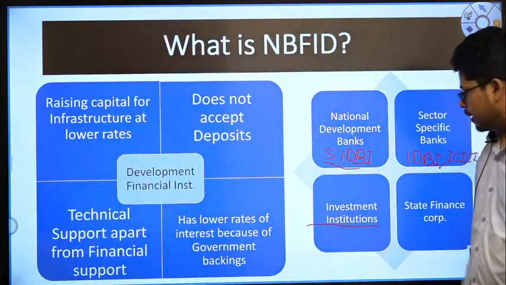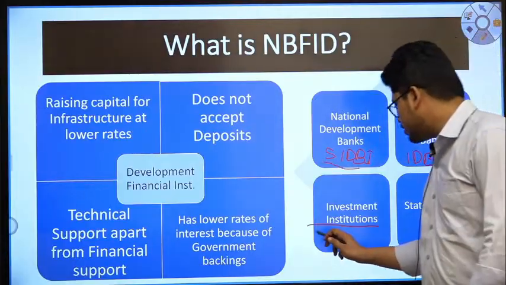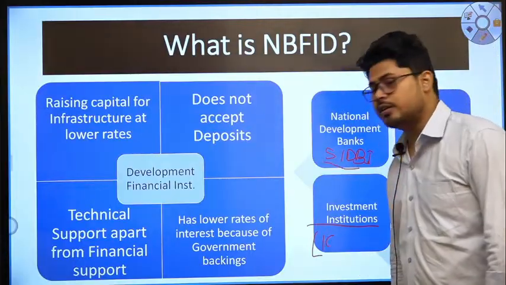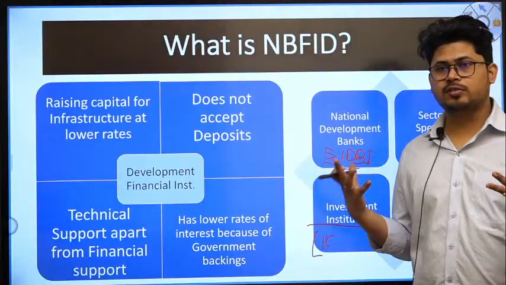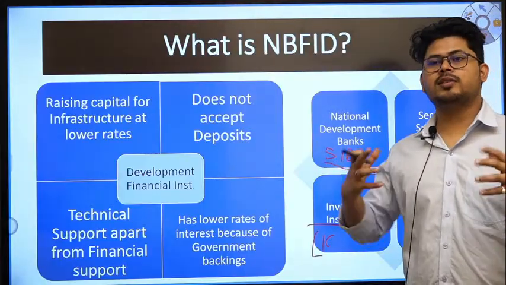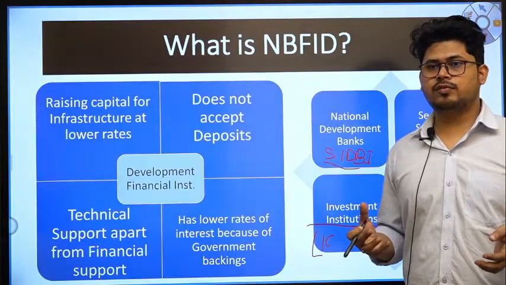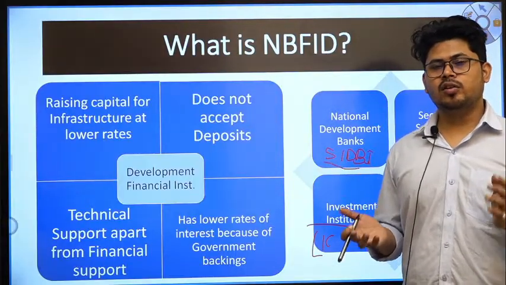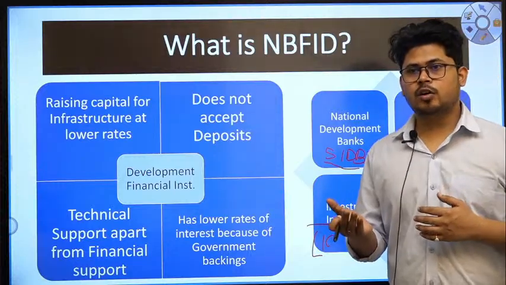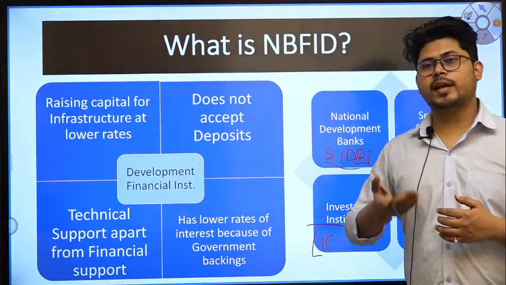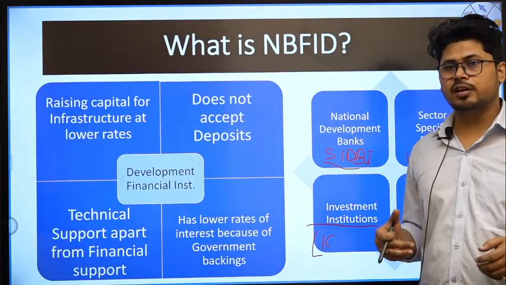Investment institutions. अब investment institutions में क्या होता है? LIC. What LIC does? LIC के पास huge corpus of money है. वो बहुत सारे projects में invest करता है. And then it earns from those projects. Not only does it invest in projects of infrastructure, it also invests in financial markets. And then it gets return on that.